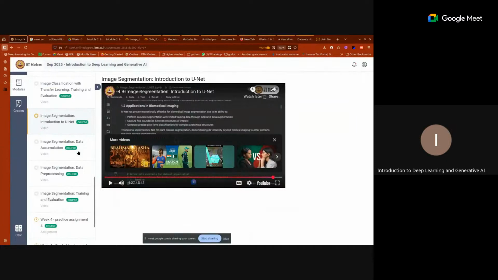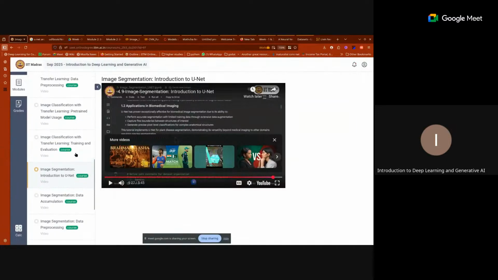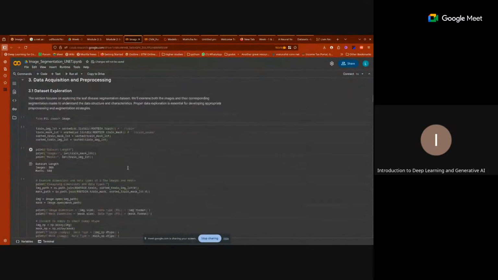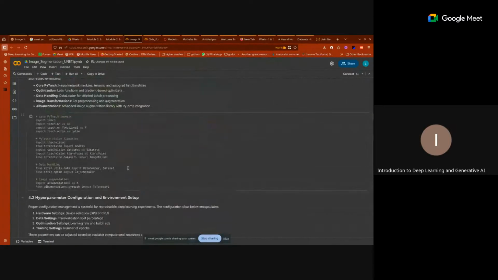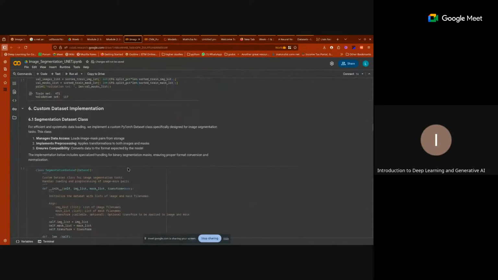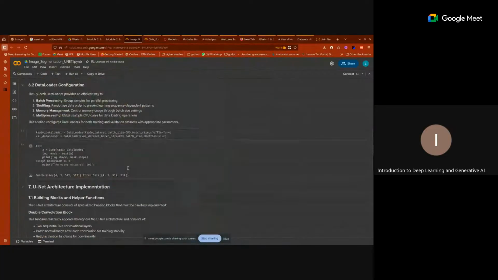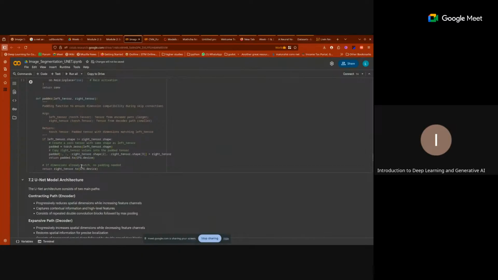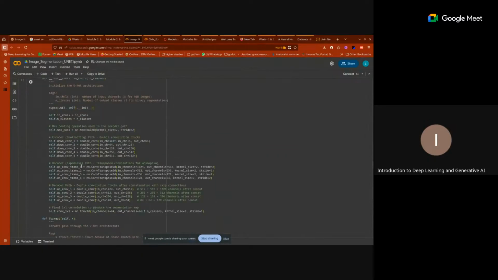That is usually used for segmentation, so the basic idea is the same. If you are implementing using PyTorch, I think you can use this. Here is the UNet architecture, how we are building it.